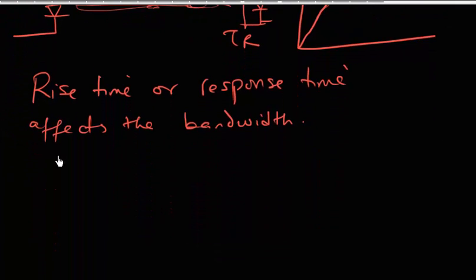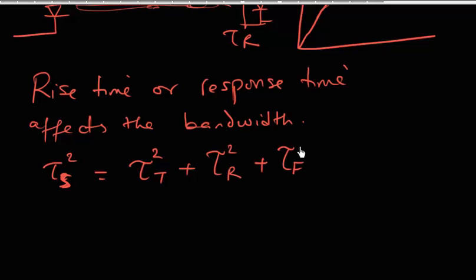So the total rise time of the system is that of the transmitter plus that of the receiver plus that of the fiber, all of them squared. Because we said that T_S squared is equal to the summation from i to n. Both mean the same thing.